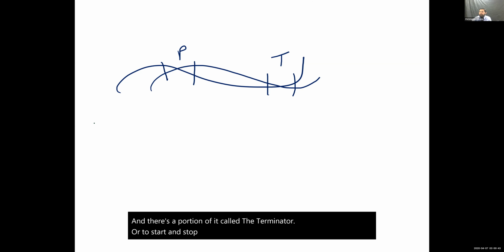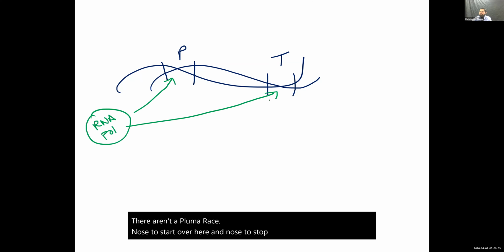Your RNA polymerase knows to start over here and it knows to stop over there. And if it does that correctly, it will make a little chunk of RNA. Okay?